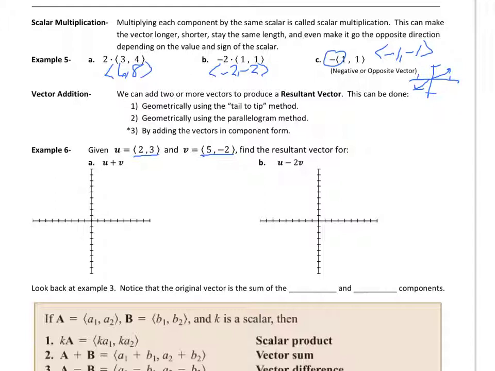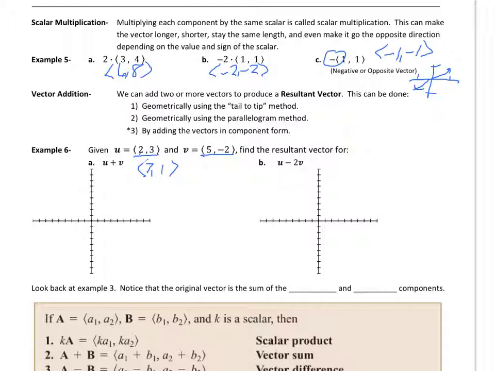So u plus v then gives us, again, we just add them together. So we get 2 plus 5 is 7. And we get 3 minus 2 is positive 1. Gosh, sorry. 7 and 1.